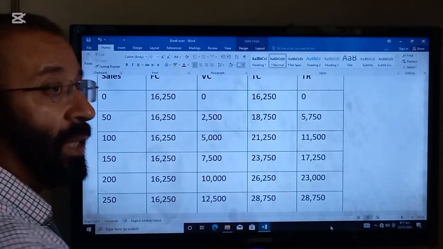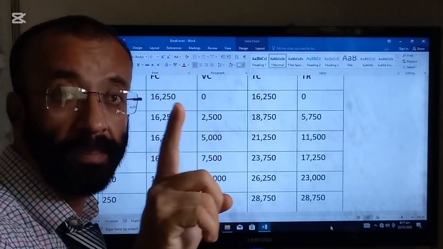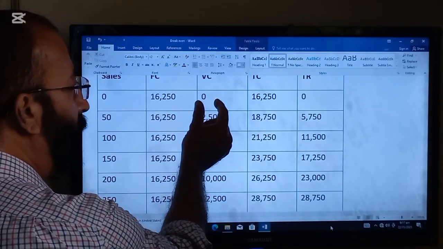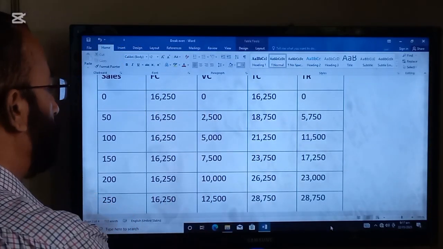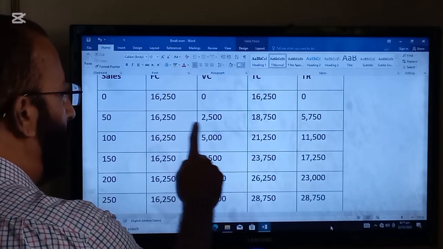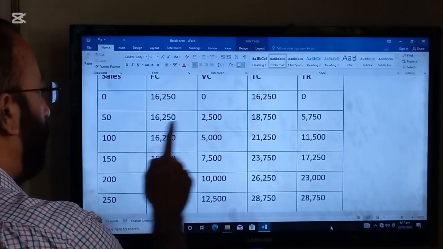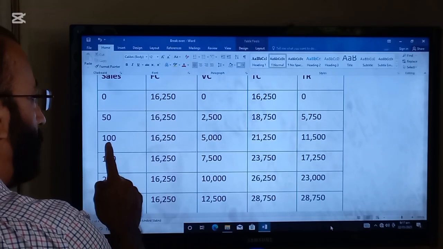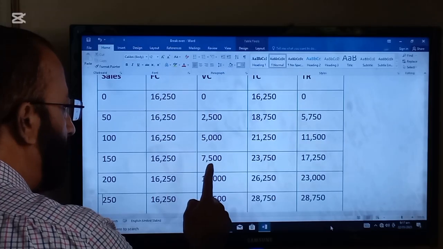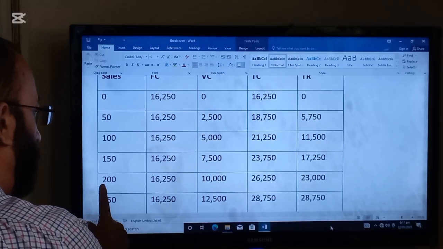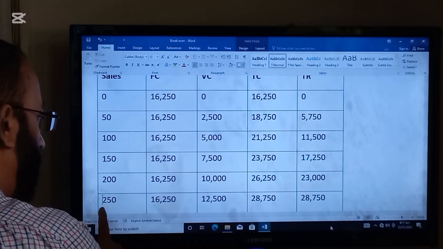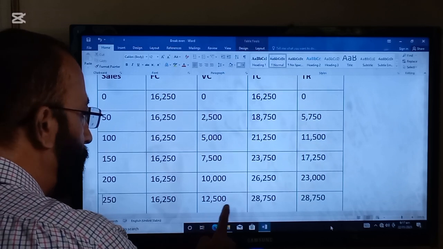Variable cost is £50 per table. When production is 0, no variable cost will occur. For 50, 50 multiplied by 50 is 2,500. 50 multiplied by 100 is 5,000. 50 multiplied by 150 is 7,500. 50 multiplied by 200 is 10,000. 50 multiplied by 250 is 12,500.